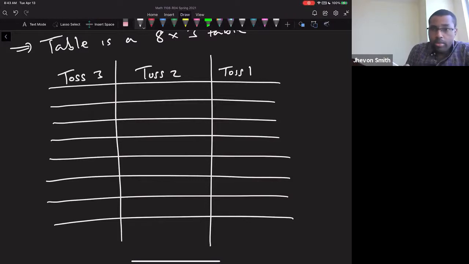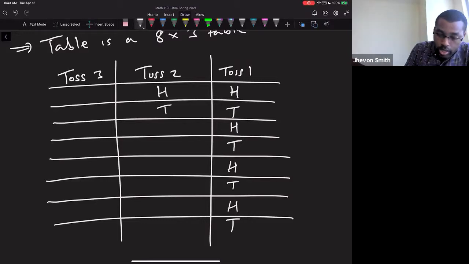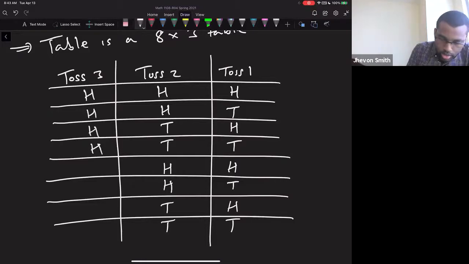And I told you how to fill this out. You alternate every one on the rightmost column: HT, HT, HT, HT. Alternate every 2 on the second one: HH, TT, HH, TT. Alternate every 4: HHHH, TTTT.